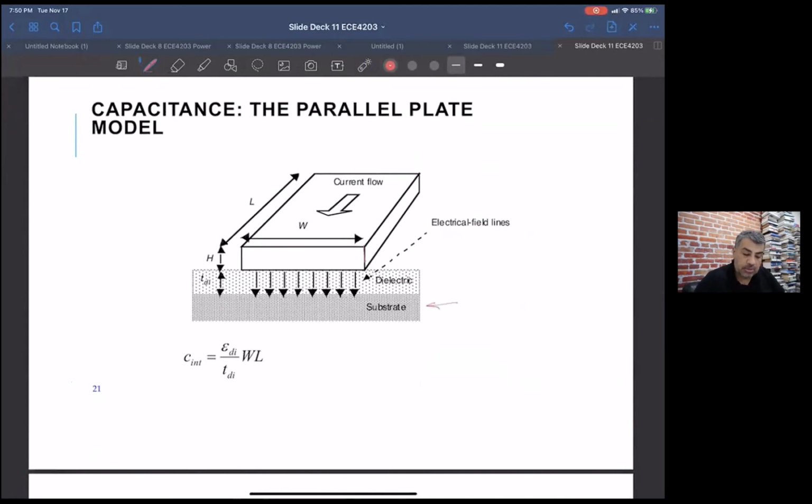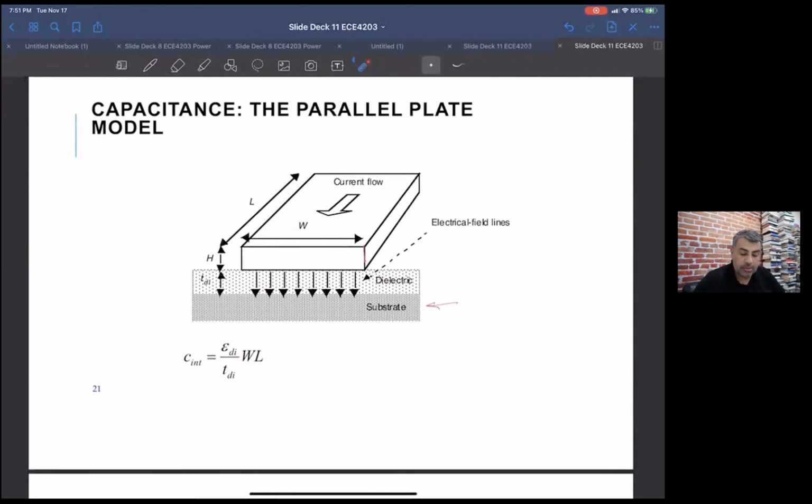So this is your plate over your ground, and basically the capacitance ended up being the width times the length times the dielectric constant of the material over the thickness. This is the common model you see for old interconnects.